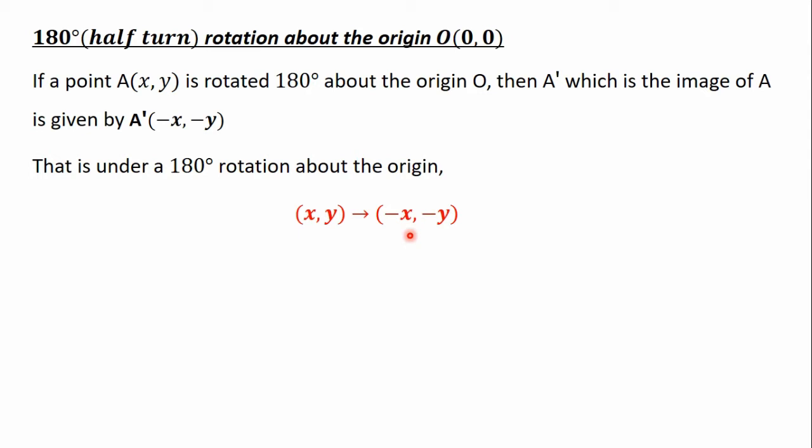This means that if we rotate an object through a 180 degrees angle about the origin, to get the image, we just have to negate both the x and y coordinates of the point. So to get the x coordinate of the image, we negate the x coordinate of the point, and to get the y coordinate of the image, we negate the y coordinate of the point. It's very simple. So let's apply this to solve some questions.